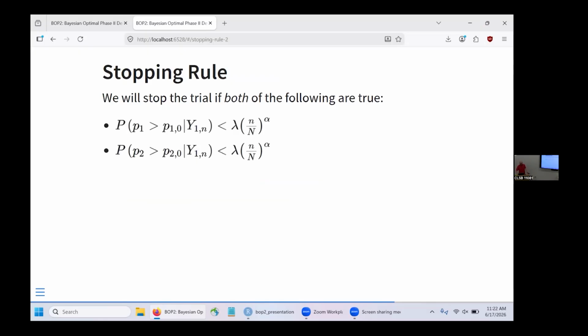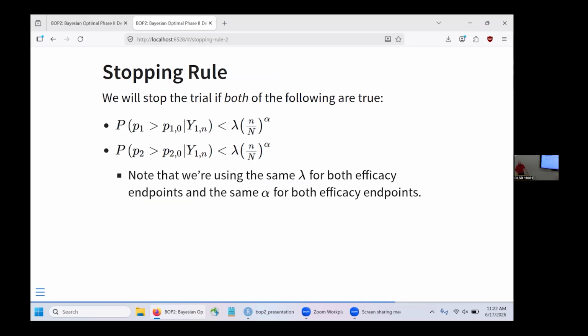It's just 2 versions of the same thing, essentially. Note that now we're using the same lambda and the same alpha for both endpoints, so we're not dividing anything by 3 this time. I know that was pretty quick, but that's multiple efficacy for you.